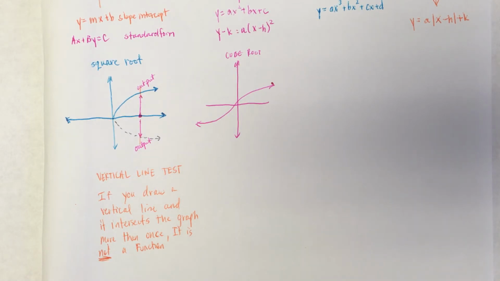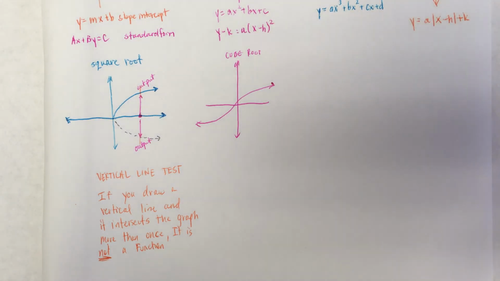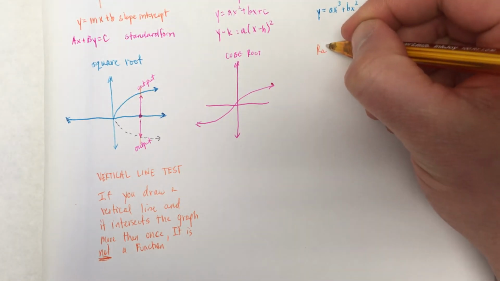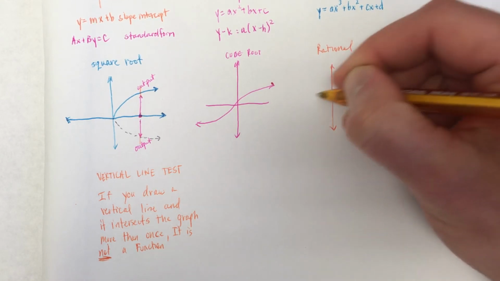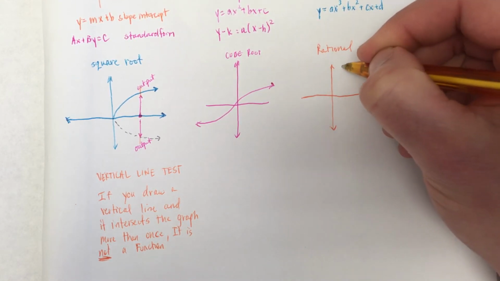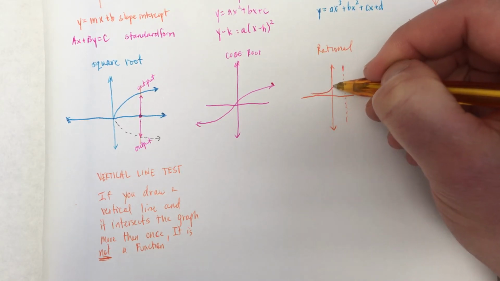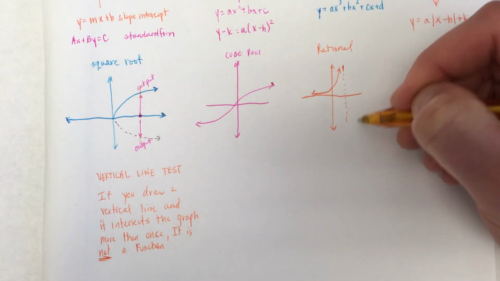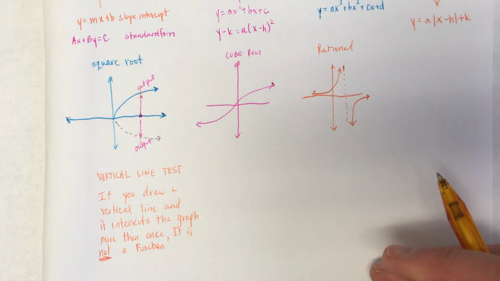Other graphs. You have your rational. They're unique because they have gaps. They have what we call vertical asymptotes and horizontal asymptotes. So it looks kind of like this.